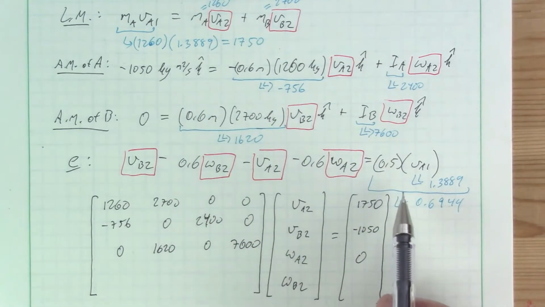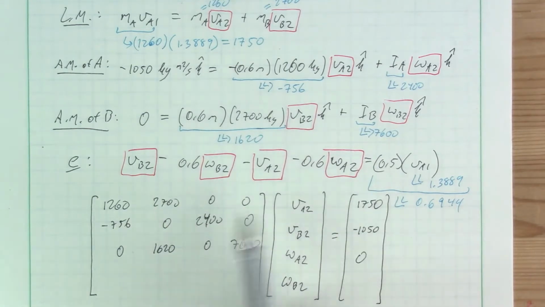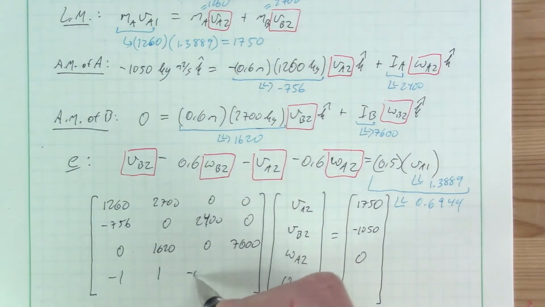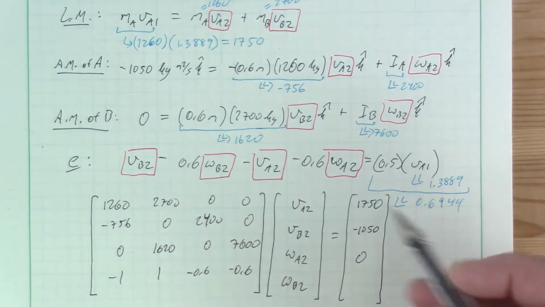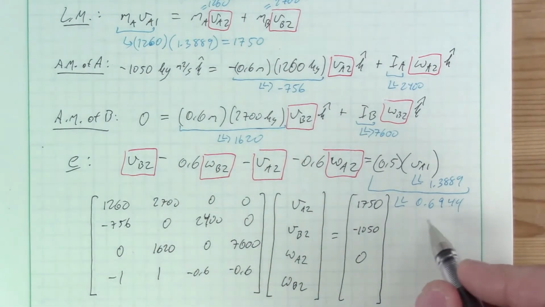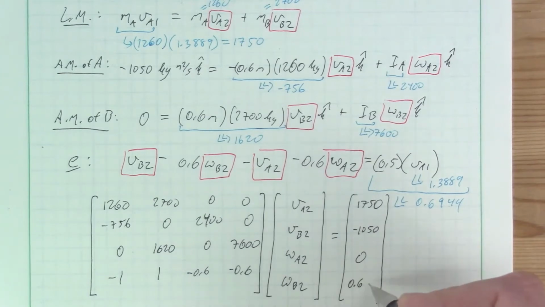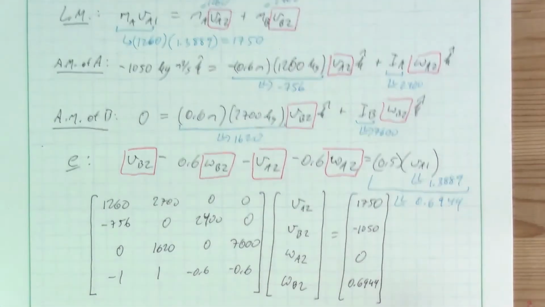And then this last equation, we got all four of them showing up here. So we've got a negative 1 by VA2. We've got a positive 1 for VB2, and then both of the omegas have a negative 0.6. And then that equals 0.6944. And now, whatever linear algebra technique you want to go for.